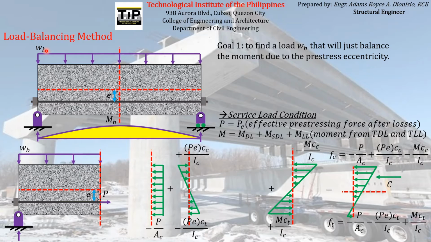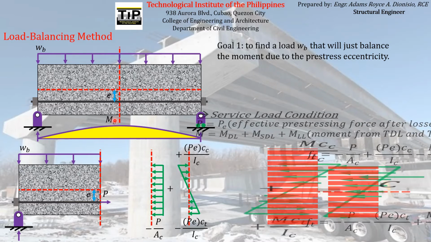Saying in other words, this balanced load here will obviously have a lesser magnitude than the total service loads because like what I have said before, this is just usually a portion of the total service loads. So we will just find a portion of the total service load that will produce a balanced bending moment that will just balance the eccentric moment that is being produced by the pre-stress force acting, say for example, at the midspan. So that is our first goal.